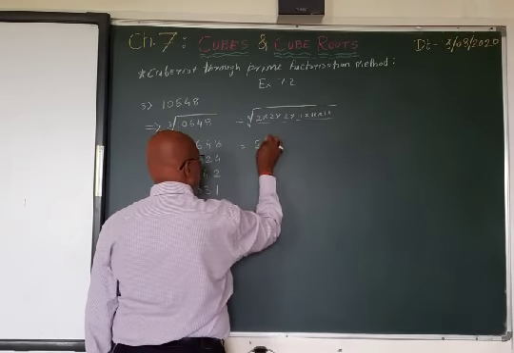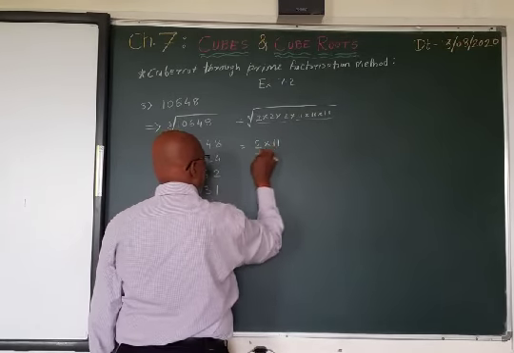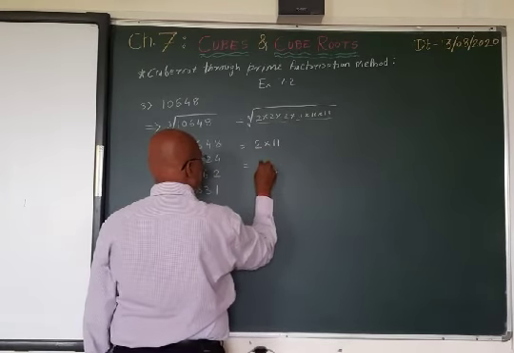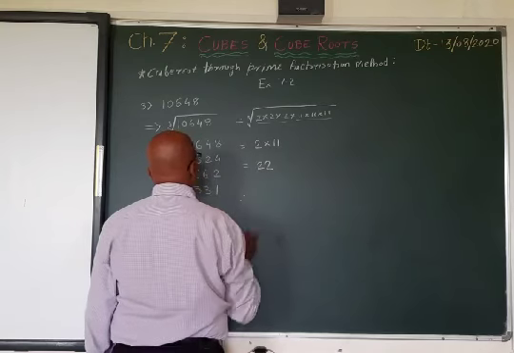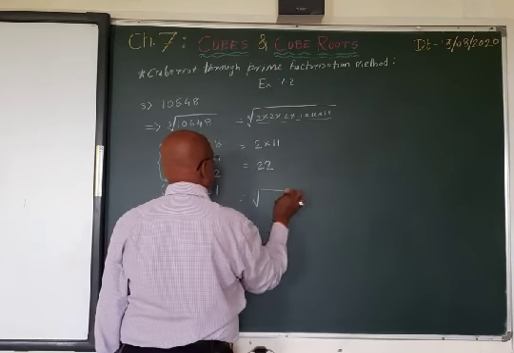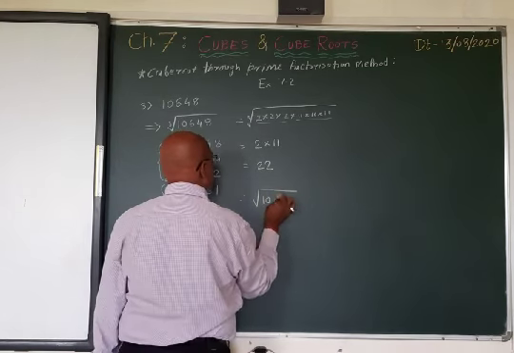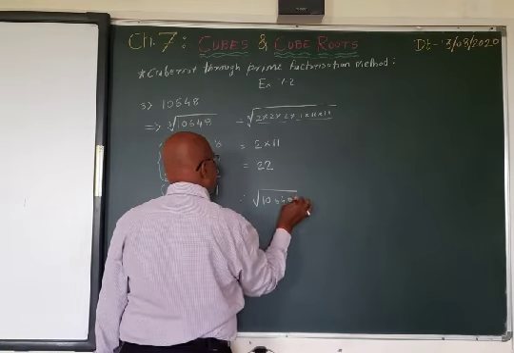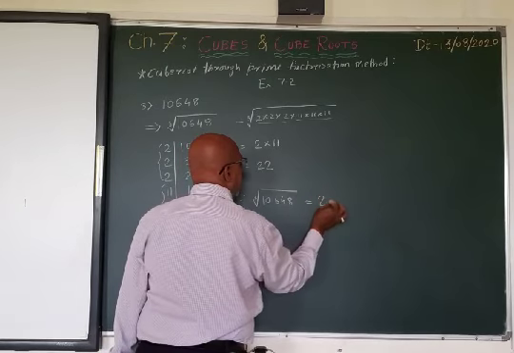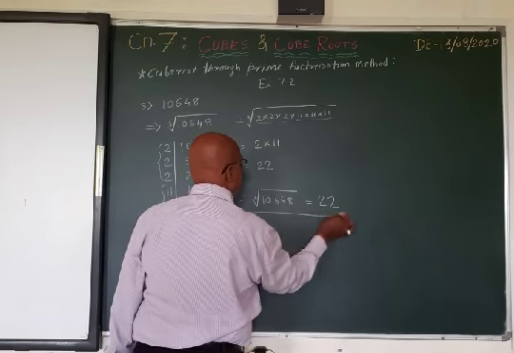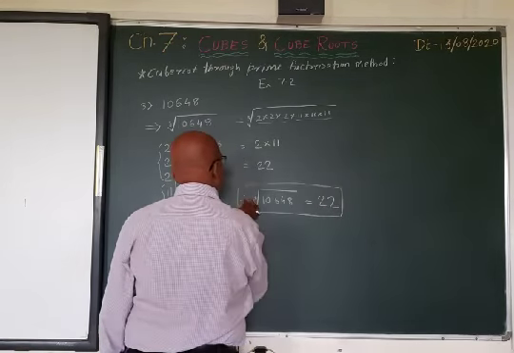So we get 2 multiplied by 11 equal to 22, and therefore cube root of 10,648 is nothing but 22. So this is our final solution.